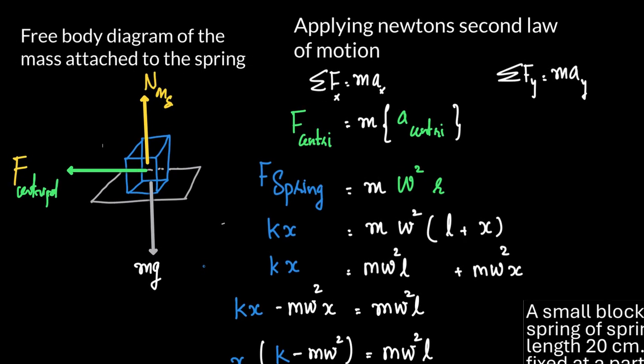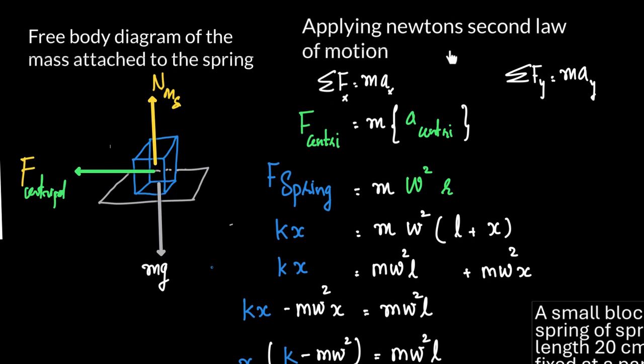from this free body diagram, if we apply Newton's second law of motion, see, this body is not bouncing away from the table, it is restricted to the table, right? So we can say that sigma Fy, which is equal to m into ay, is equal to 0. Why? Because there is no vertical motion.